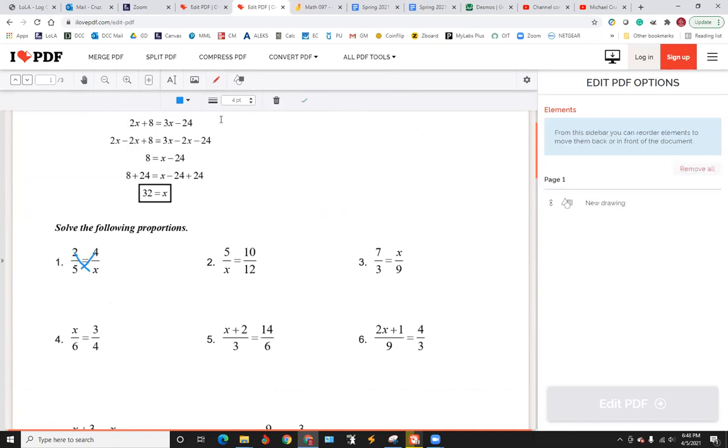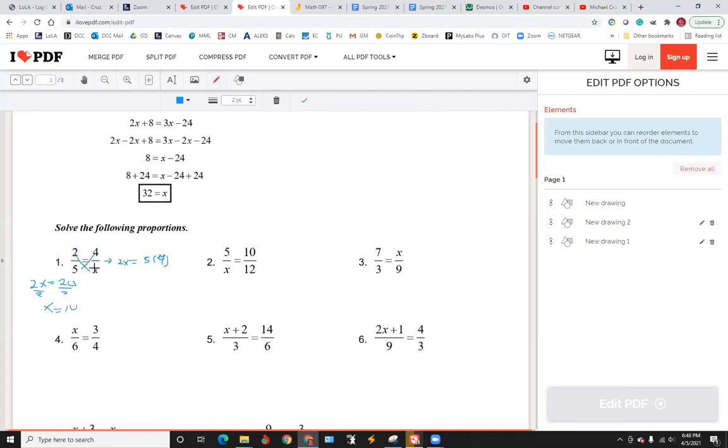And what I usually do is put the X on this side because I like it on the left side. So 2X is equal to 5 times 4, or 4 times 5. 20. So 2X is equal to 20. This one's a lot easier to solve than anything we looked at so far. So X is equal to 10.